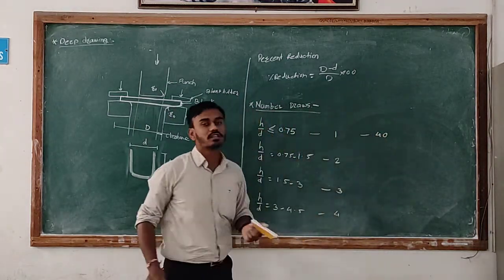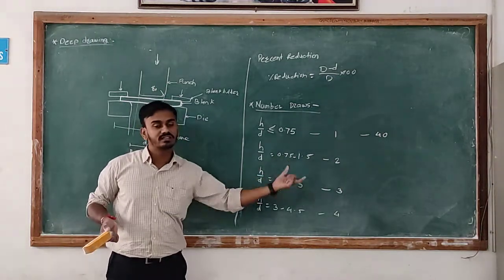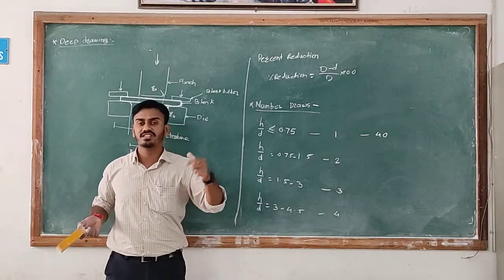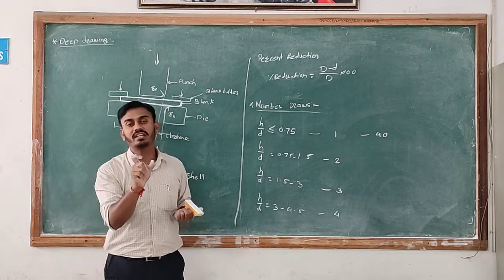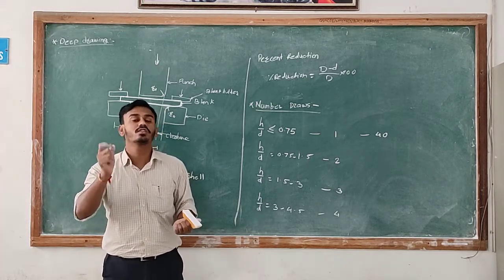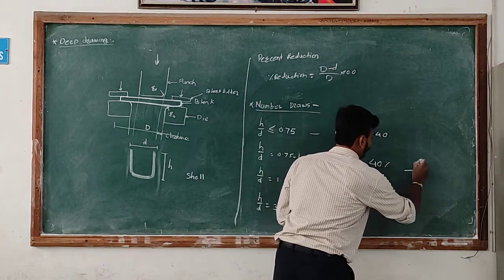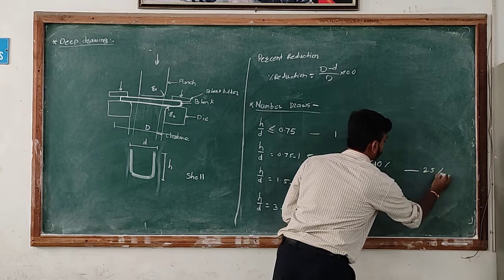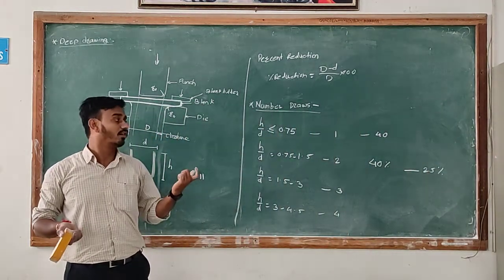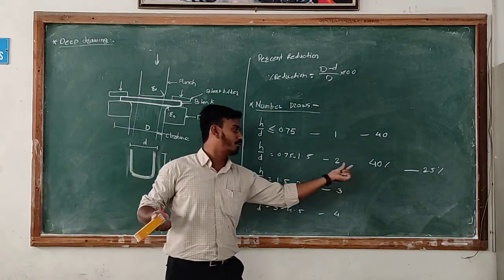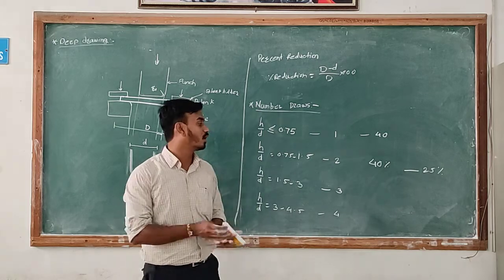If there are two draws, then in the first draw the percentage reduction is up to 40%, and for the second draw it is up to 25%.